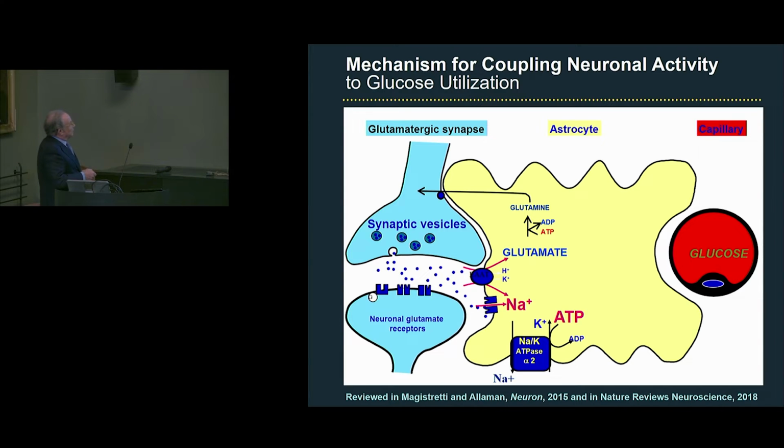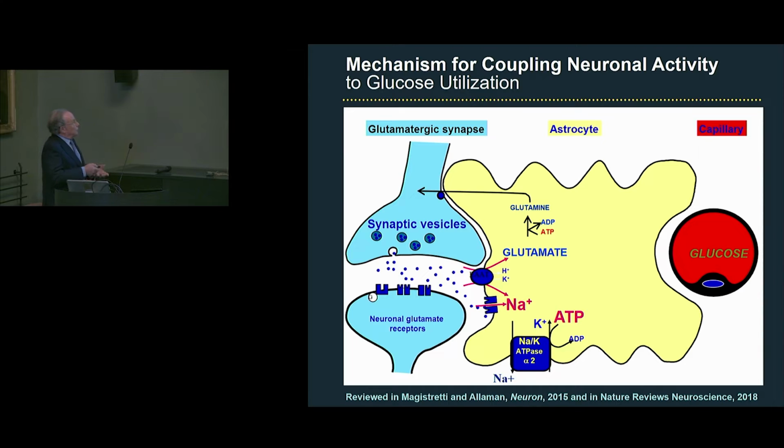And then the other mechanism associated with glutamate uptake is an increase in intracellular sodium in the astrocyte, because the transport of glutamate into the astrocyte is driven by the electrochemical gradient of sodium with a rather precise stoichiometry of 1 glutamate with 3 sodium ions.